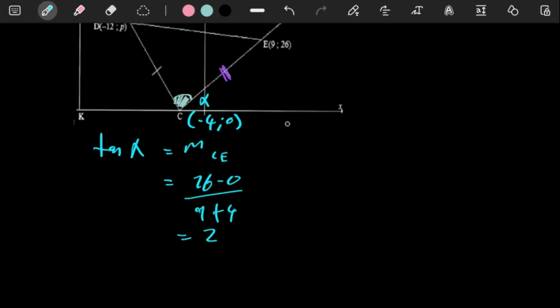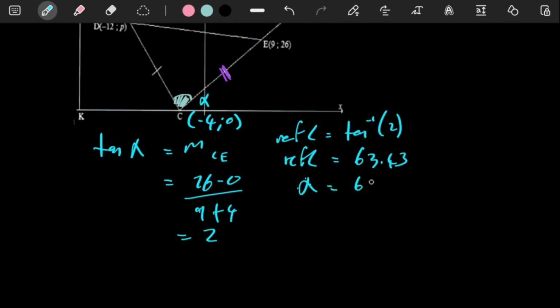I'm trying to be consistent. So our reference angle here is going to be shift tan of 2. You are going to get 63.43. But this is an acute angle anyway, so we might as well just take that as our answer.